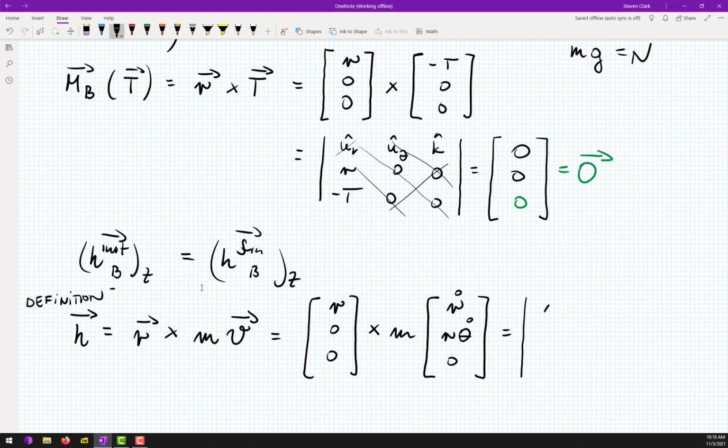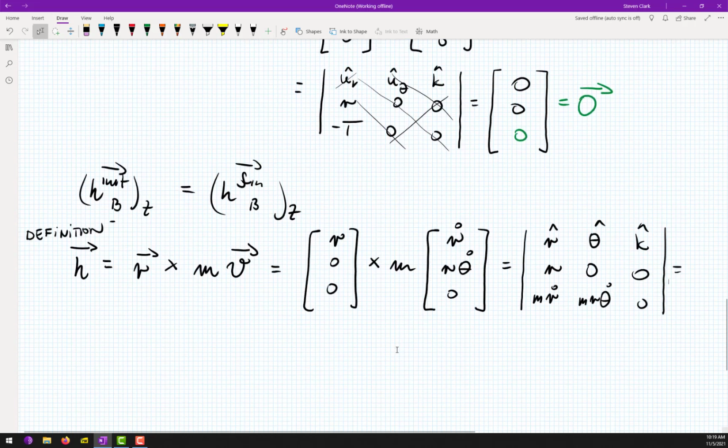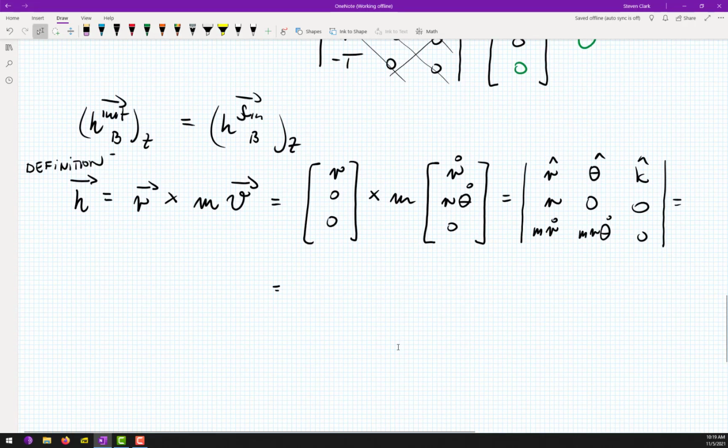So we will have R theta K, R00 M R dot M R theta dot 0. So we have, I think I know how to do this determinant. This will be 0.